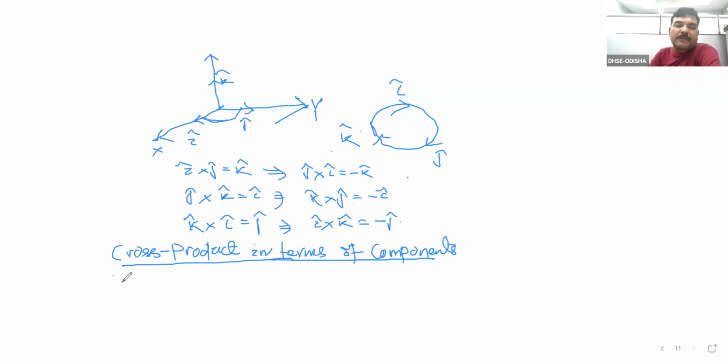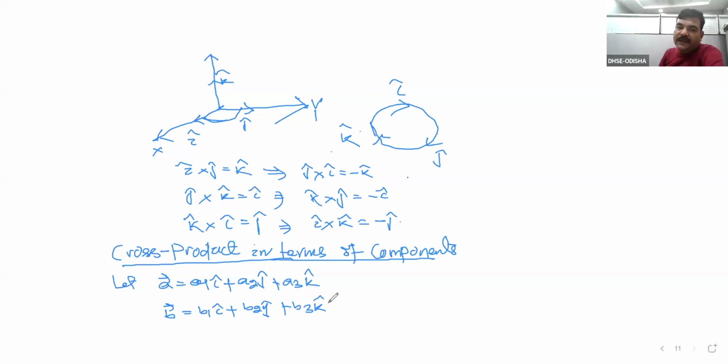Let vector A be equal to A1 I cap plus A2 J cap plus A3 K cap, and vector B be equal to B1 I cap plus B2 J cap plus B3 K cap.